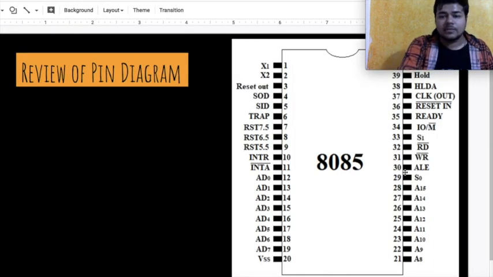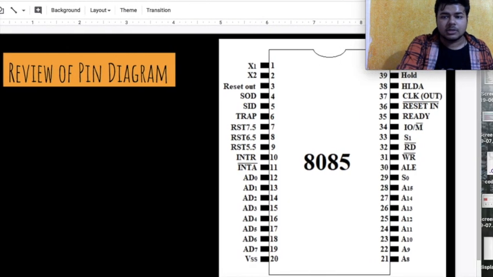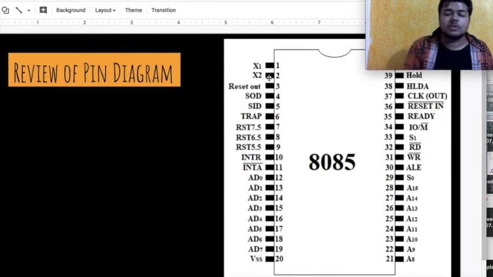Now coming to the review of the pin diagram, what we have learned. X1 and X2 are used to get a clock input from a crystal oscillator. Reset out resets all the outer peripherals when we reset this 8085. SOD and SID are used for serial output and serial input.